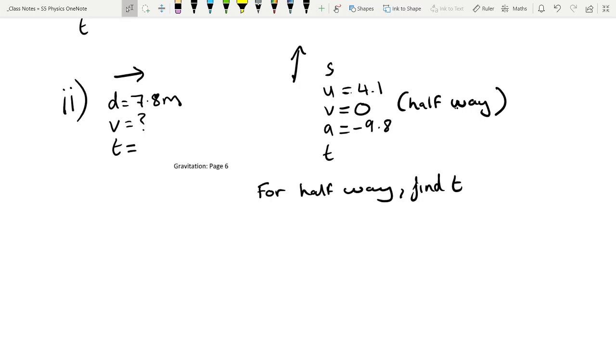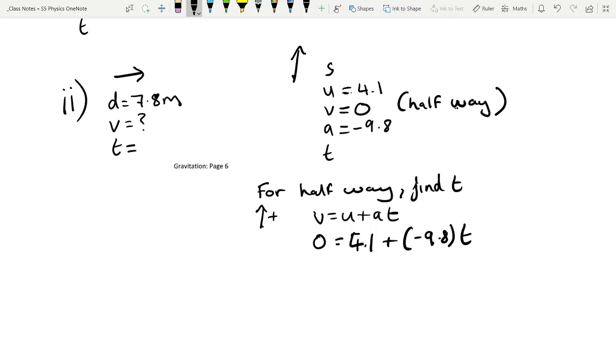Right, so finding the time, let's just use v equals u plus at. We take upwards to be positive. So 0 equals 4.1 plus negative 9.8 times t. So time for halfway is 0.42 seconds.